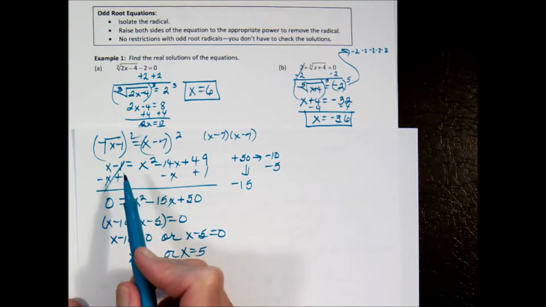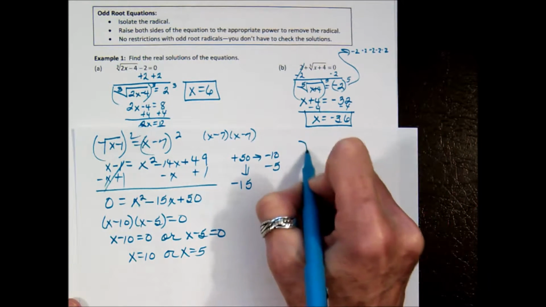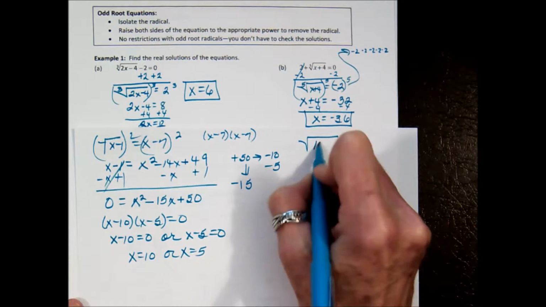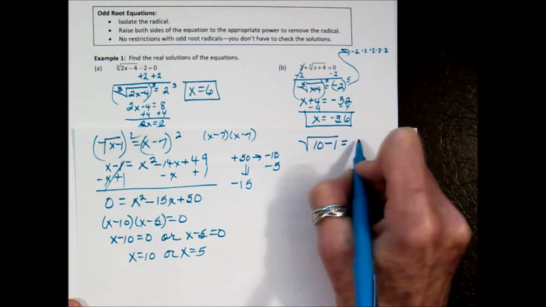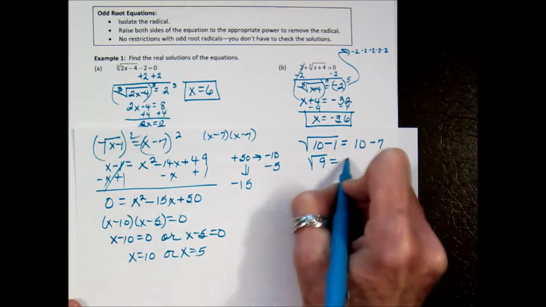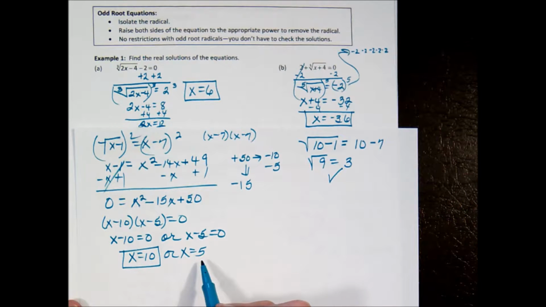Again, we have to check in the original problem, before we squared, which was square root of x minus 1. Let's check 10. Square root of 10 minus 1 is equal to 10 minus 7. Square root of 9 is 3. That is true. This one works. Now, that doesn't mean that this one doesn't. They could both work or not.